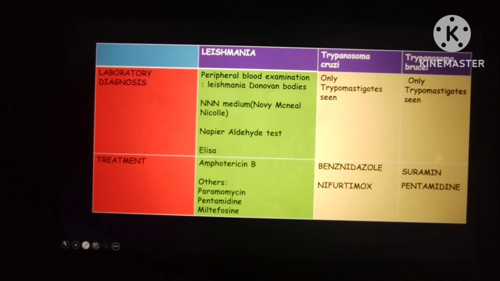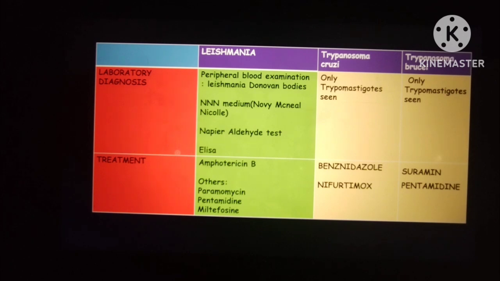Next, they may ask what is the basis for this and how the fever occurs in the patient. There won't be that many complicated questions. Here the test is the Napier aldehyde test, and as usual, for everything there is an ELISA. But you want to remember these two tests, that is medium NNN and the Napier aldehyde test. Whereas for cruzi and brucei you can look for the trypomastigotes.